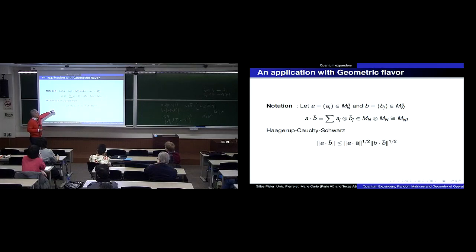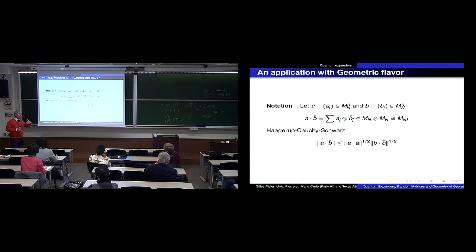I want to use a notation that's similar to the scalar product, except that now you have to accept this idea that's very much the quantum idea, that we replace scalars by matrices.